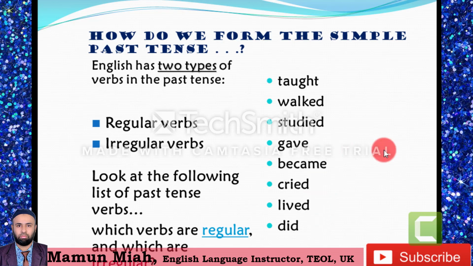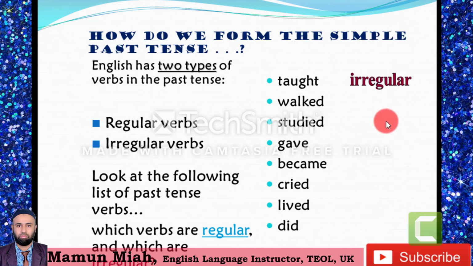Here are some verbs written one by one: taught, walked, studied, gave, became, cried, lived, did. All the verbs are in past form, but some verbs are irregular and the rest are regular verbs. Okay, my dear student, let's check it out.